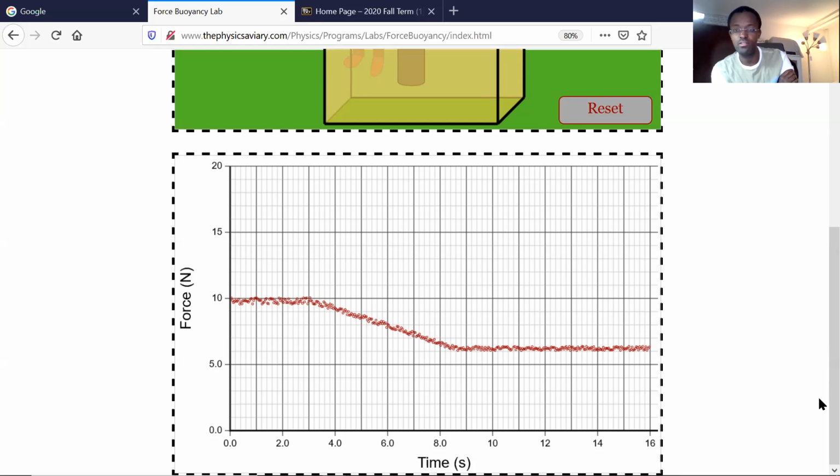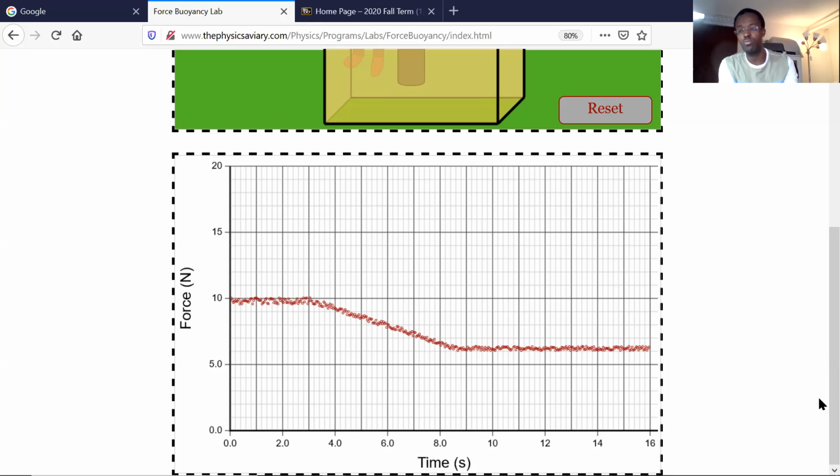There's the weight of the object that's being submerged. That's a force, which is the force of gravity on that object, on the bottle in this case. There is the buoyant force, which opposes it, which points upward.